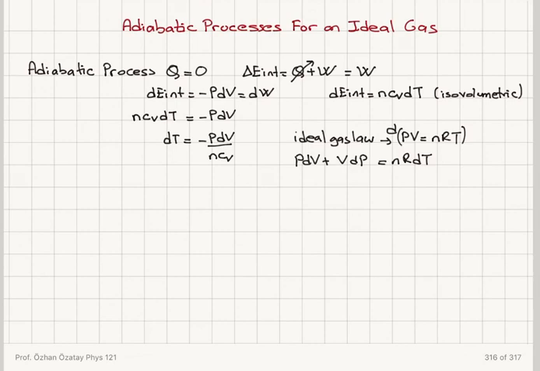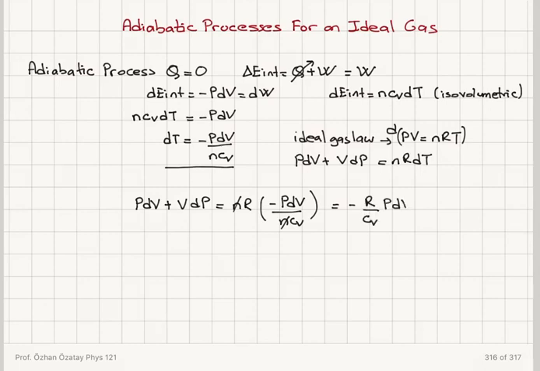And I find that dT is minus P dV divided by nCV, so I have P dV plus V dP is equal to nR times minus P dV divided by nCV. So the n's cancel. So this is going to be minus R over CV P dV.